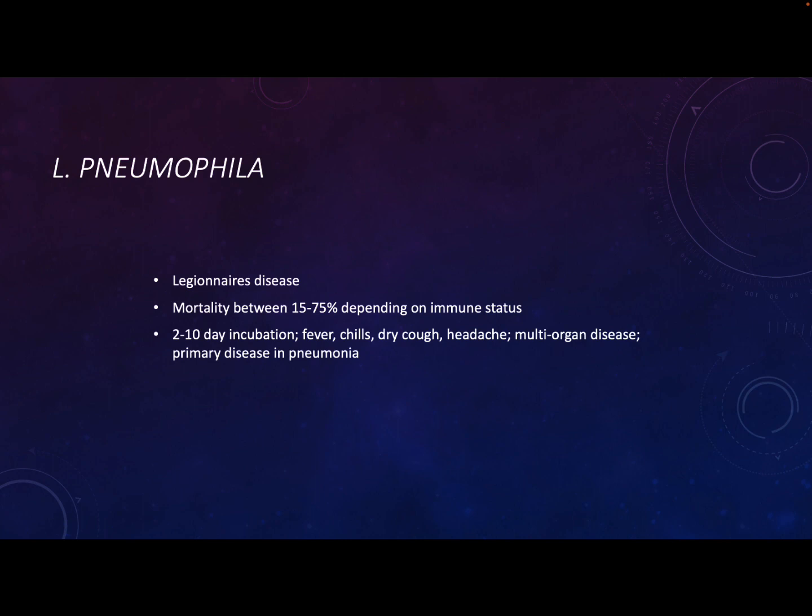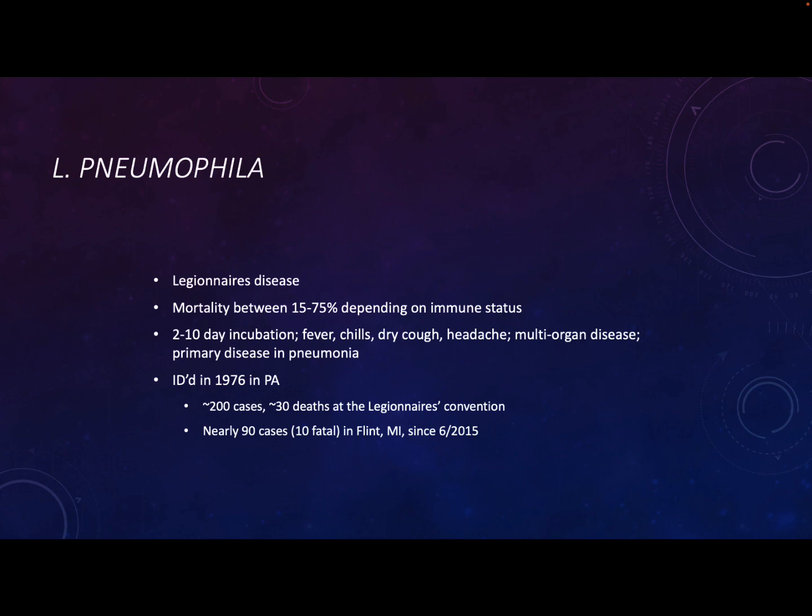It is an inhaled pathogen. So it was identified for the very first time in people in 1976 in Pennsylvania. There were 200 cases and approximately 30 deaths at the Legionnaire's convention. So that's why it's Legionella, Legionnaire's disease.